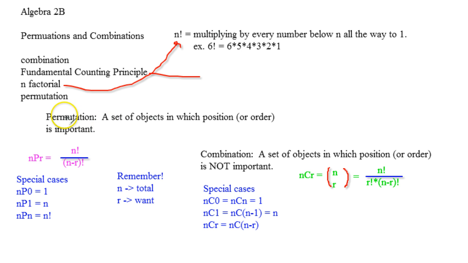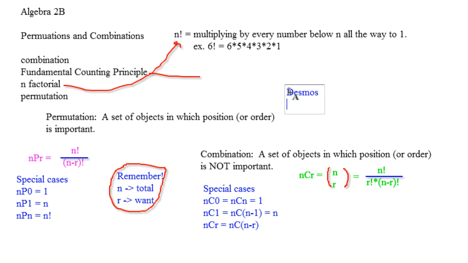So here are the formulas for permutation and combination. Some important facts: remember, n is the total and r is what you want. This is also how we plug it into Desmos.